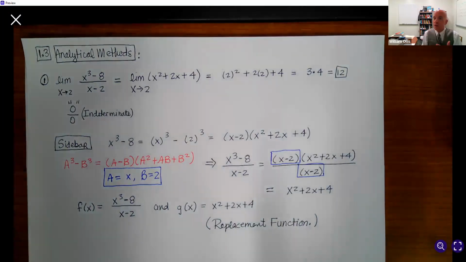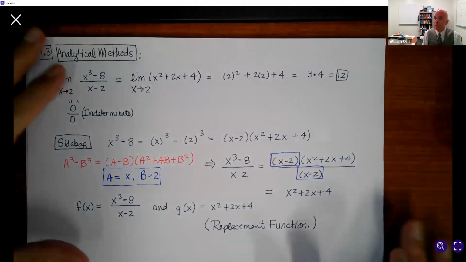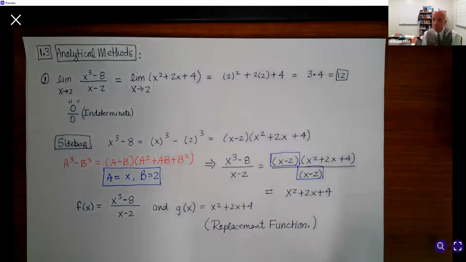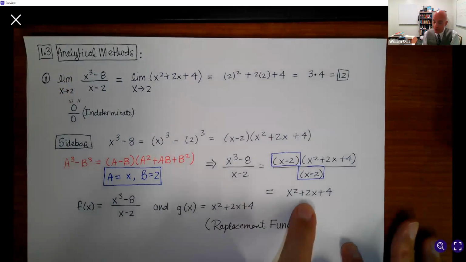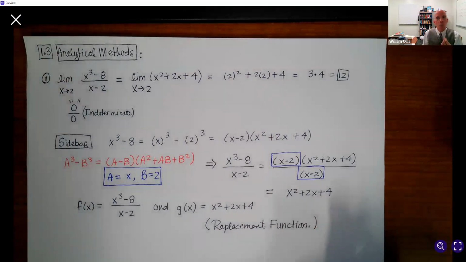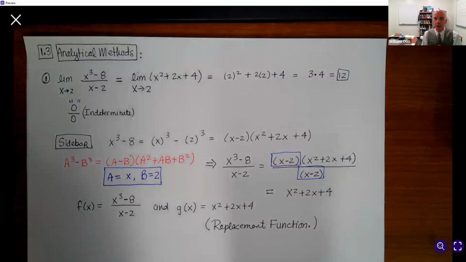That is, the function is not defined there, but away from the point 2, all other points on the graph are clearly there, marked by this particular quadratic function. So again, think of your college algebra, your pre-calculus, how that blends into the computation of a limit.